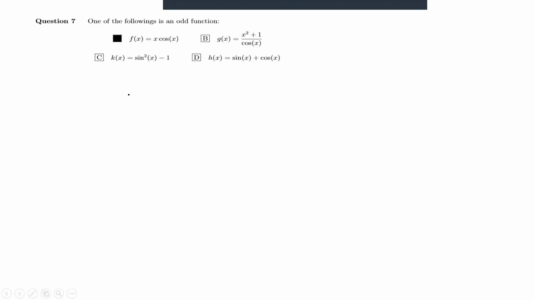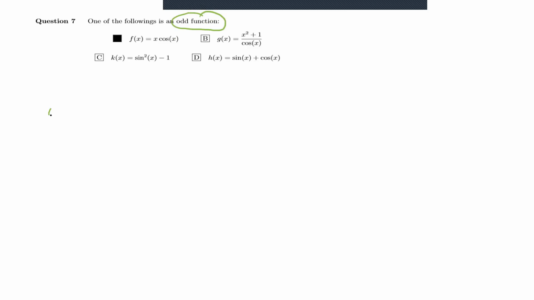Question 7, dealing with odd and even functions. Here we are given 4 different functions, f, g, k, and h, and we want to know which of the functions is an odd function. What's the meaning of odd function?